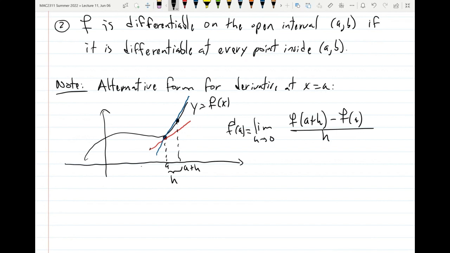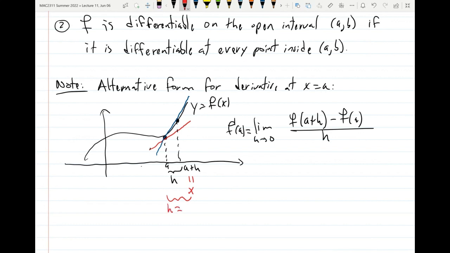Let's change names. Instead of calling this a plus h, I'm going to call it x. Let's call this one x. That's the only change that I'm going to make. And of course, if I call this x, then what is h? If I call this x, then h, remember, h represents this distance.